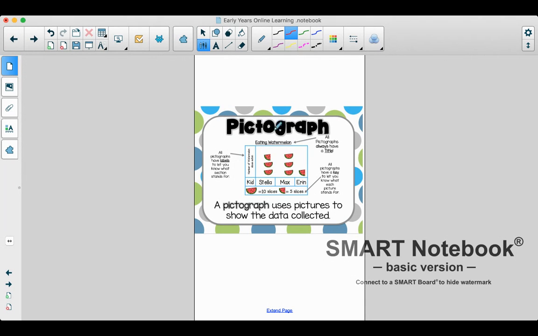Just like any other graph, your picture graph always needs to have a title, right? We need to title our graphs so we know what this graph is all about. And of course, we also need to have labels on the side to tell us what this graph is graphing.